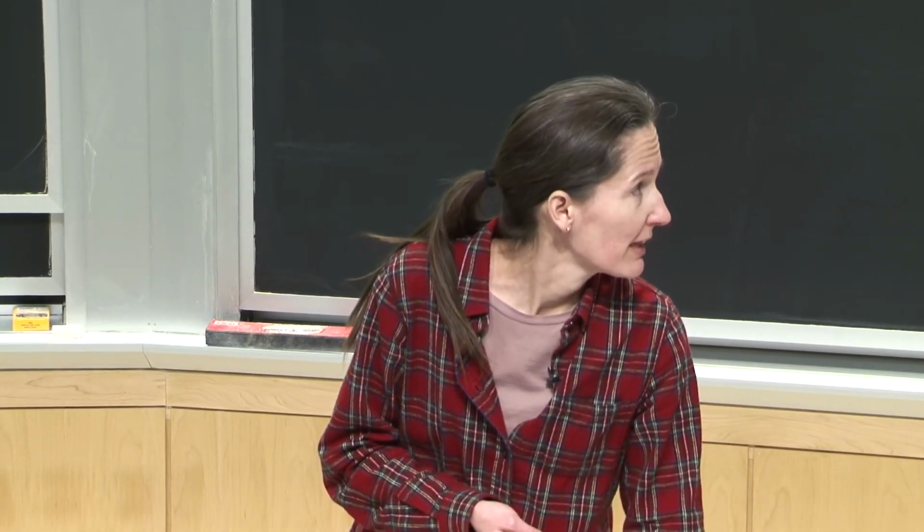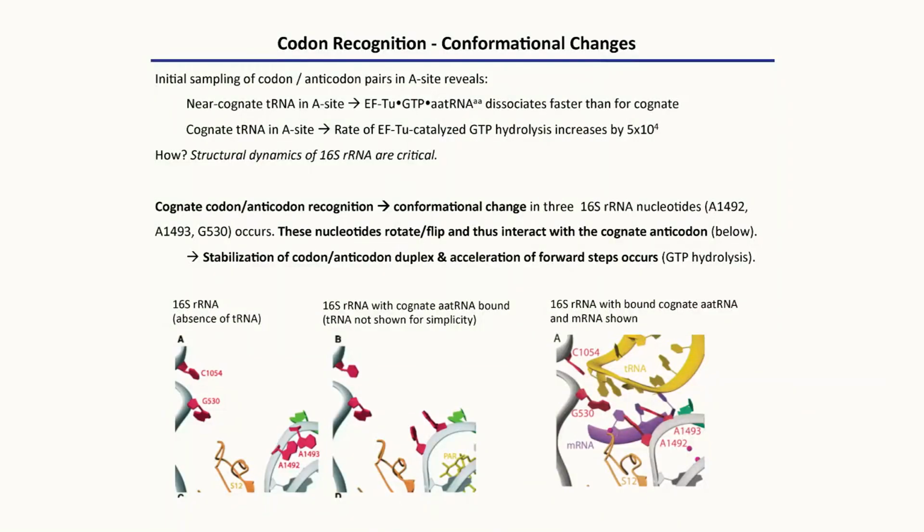So where we left off last time was discussing the conformational changes that occur in the decoding center and also in the GTPase center of EF-Tu. And just to highlight, I mentioned that there are conformational changes within the 16S rRNA, in particular 3 nucleotides, that occur when it's a cognate codon-anticodon interaction.